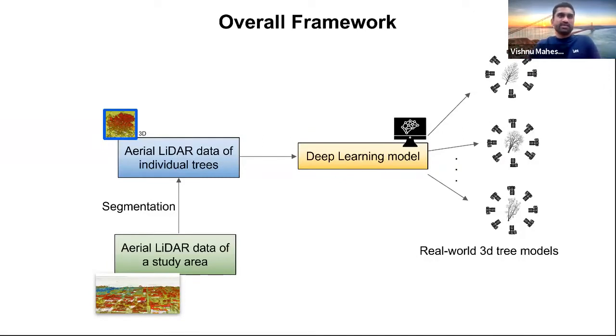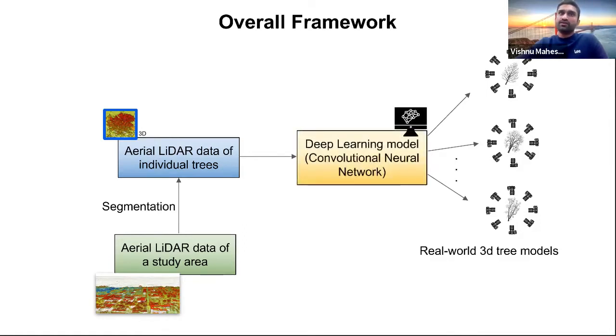Now let's discuss the technical details. As I have mentioned earlier, we will be using the LiDAR data of a study area, and then we will segment each tree from the data, and then we will use a deep learning model to match it to one of the structure from motion models. In particular, we'll be using a convolutional neural network.